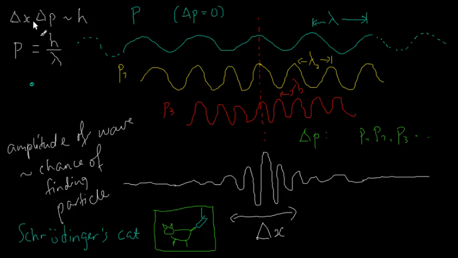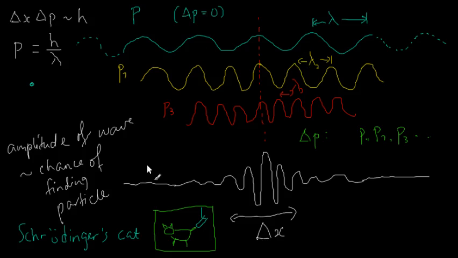It's about saying that if an electron is localized, restricted to be within a certain range of position delta x, then the wave nature of the electron must mean that it has to at the same time consist of many momenta of different wavelengths within a range of momentum given by the delta p in this relation.